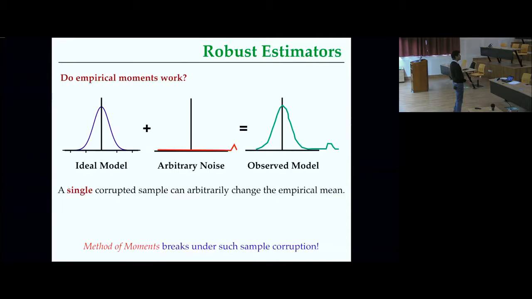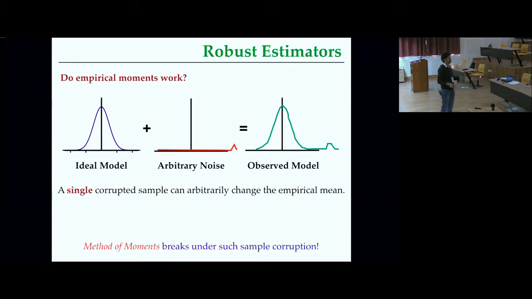Okay, great. So the first question we can ask is, are we lucky? Just do empirical moments, the trusted estimator that we had before. Does it continue to work? And actually not. Even if I had the ability to modify a single sample, I can choose it so far away from every other sample that the empirical moments estimate would be very far off. In some sense, I can make it as far off as I want.